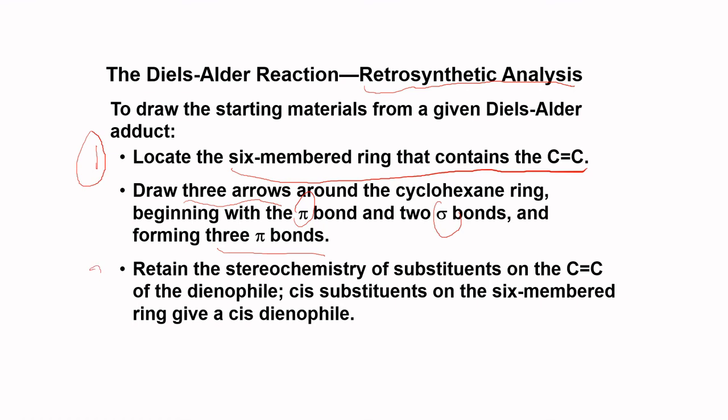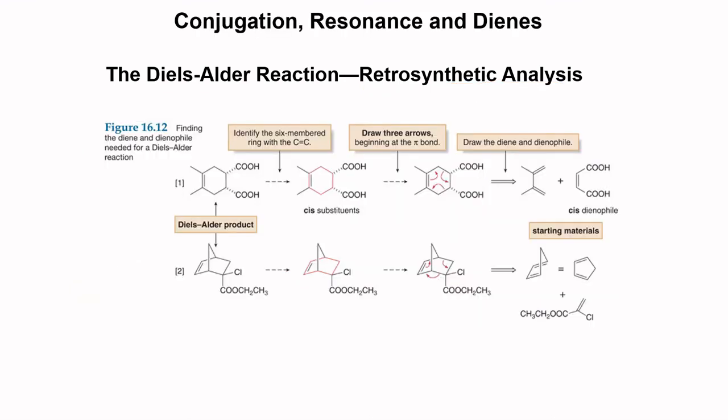And then we need to retain the stereochemistry of the substituents. So if we have a product that has cis substituents, then in the starting material, the substituents should also be in cis position.